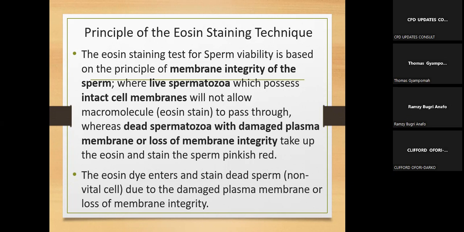Eosin is not a vital stain. When it's a vital stain, they will have a way of forcing themselves into the cell. This one, eosin is not a vital stain. And then this membrane is also intact.